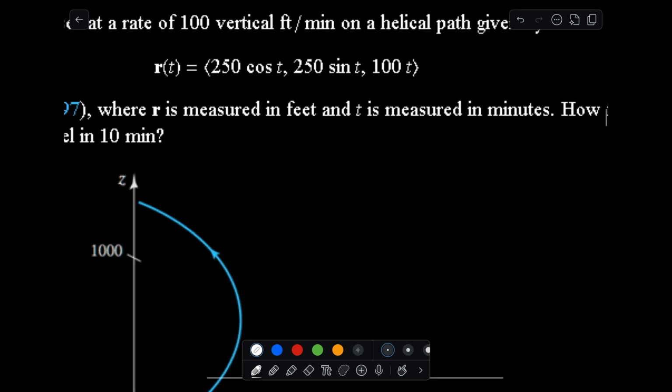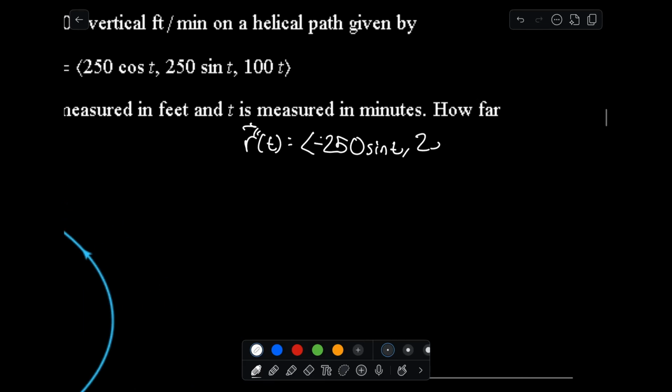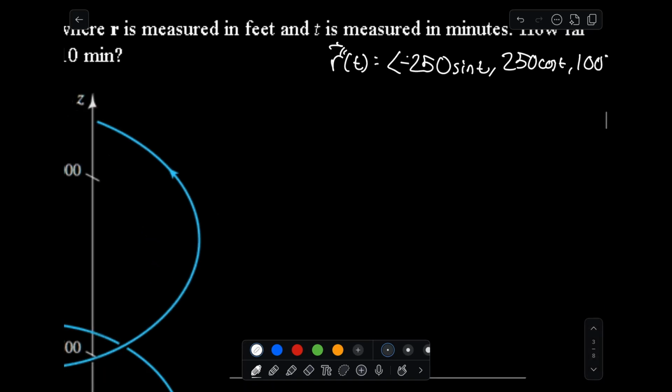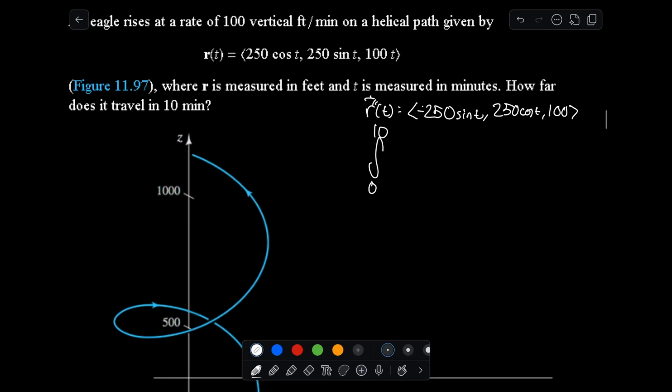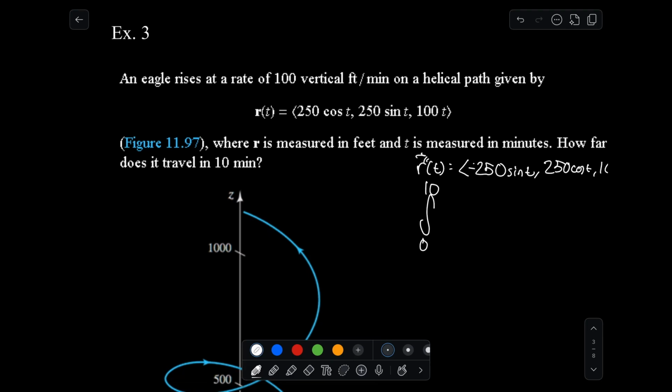And right here we have r of t equals this. Let's just do r prime of t to save ourselves some time. Negative 250 sine t, 250 cosine t, 100. And you integrate this from 0 to 10 because it's 10 minutes and t is per minute, right?